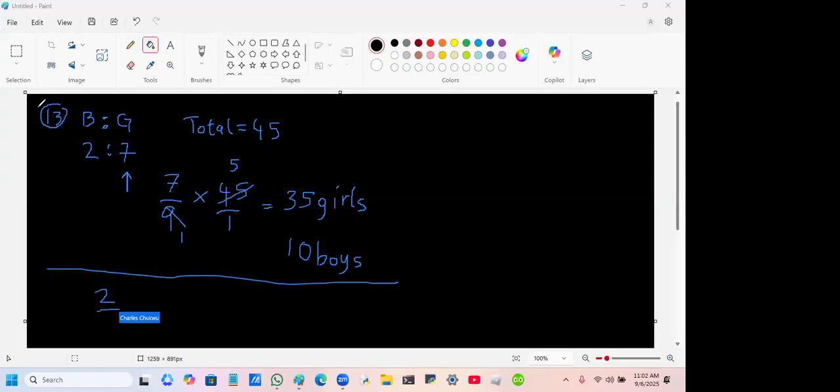It's subtraction, not addition. 2/9 times 45, the same way we did 5, is 10. 45 minus 35 is 10. So it's the same.